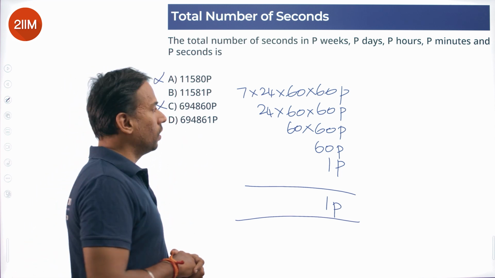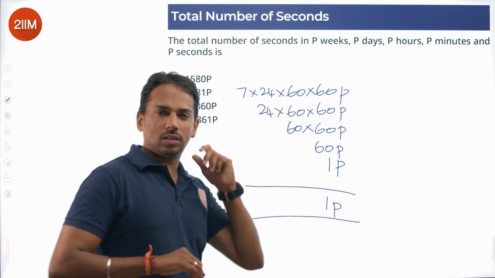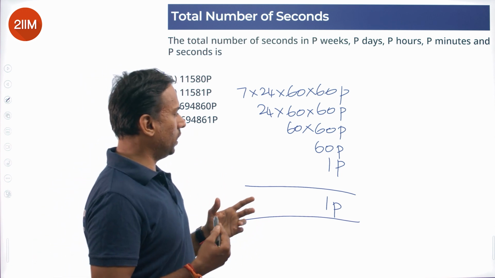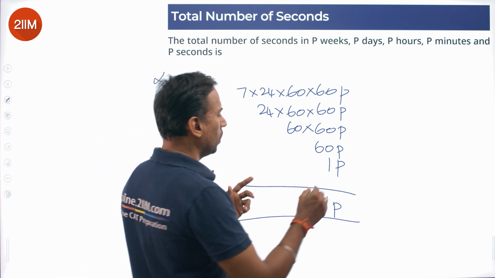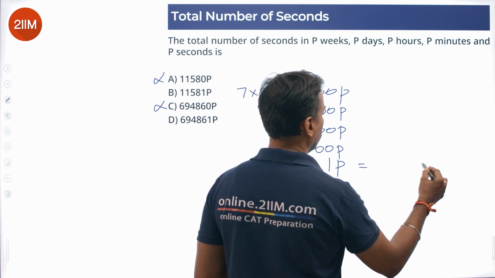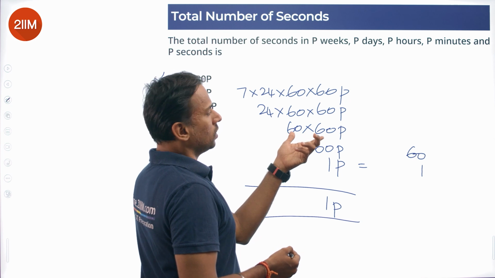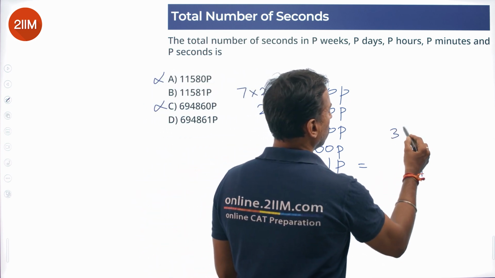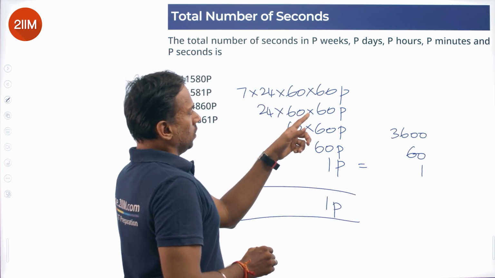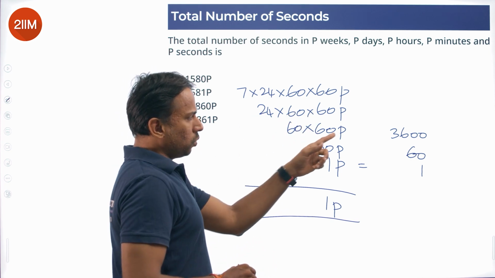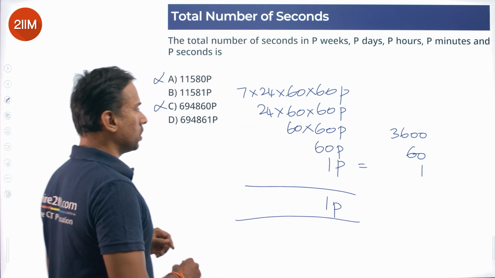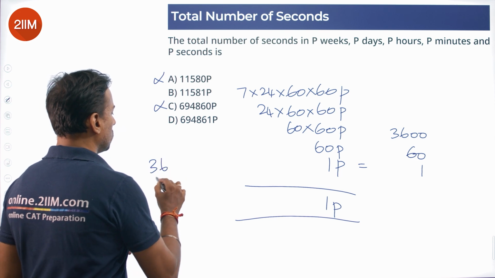Fine, okay. Now we have to add it up. Let's try checking if we can do anything smarter. So this is P1. This is 60. I'm not taking P's, I'm taking only the numbers. 60 into 60 is 3600. 60 into 60 into 24 is 3600 into 24. 3600 into 24, we'll do 36 into 24.